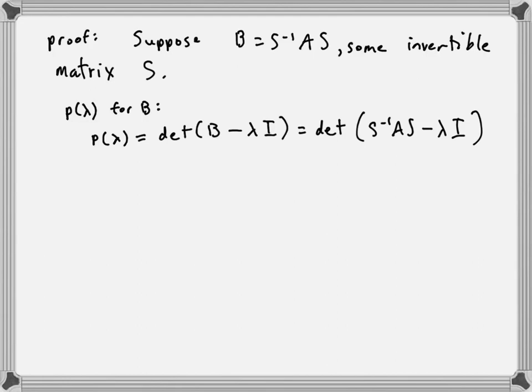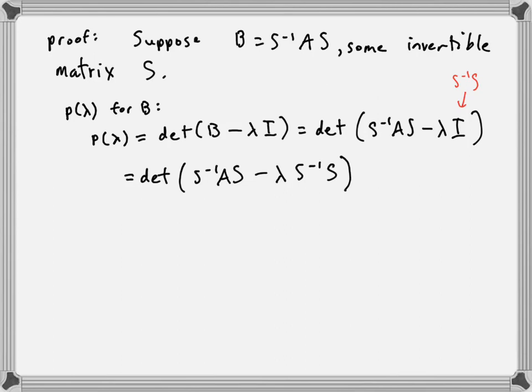Now the trick is to write I, the identity, as S inverse times S, right? Isn't this the same as S inverse S? That certainly makes the identity. So this is going to be the same as the determinant of S inverse AS minus lambda times S inverse S.